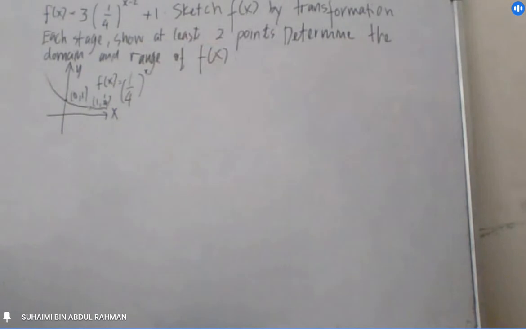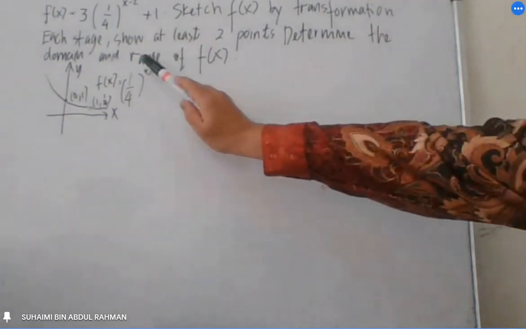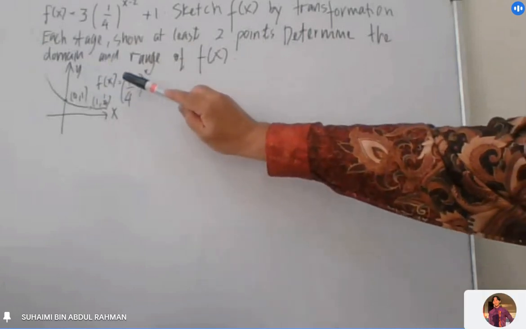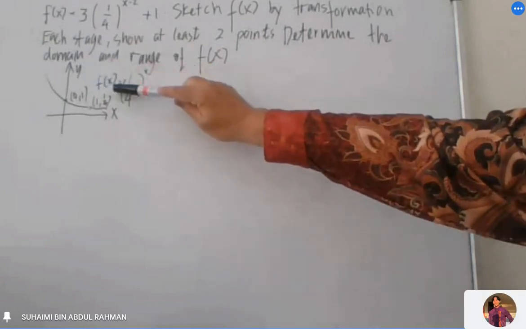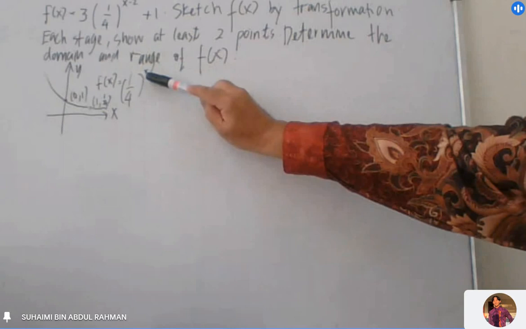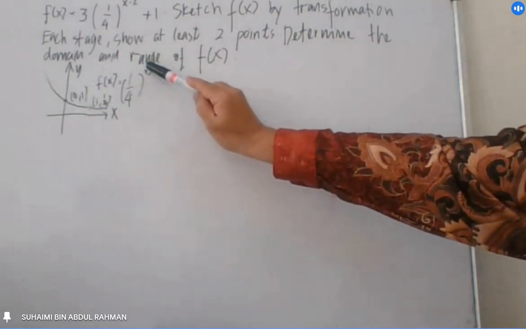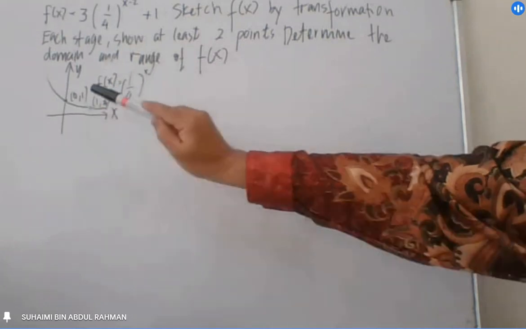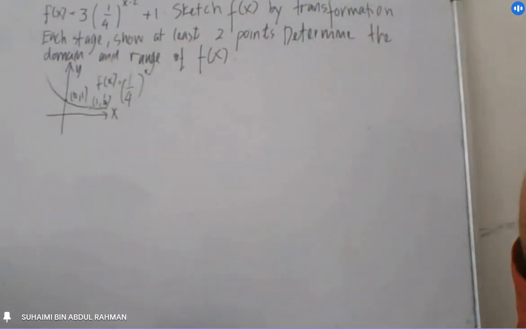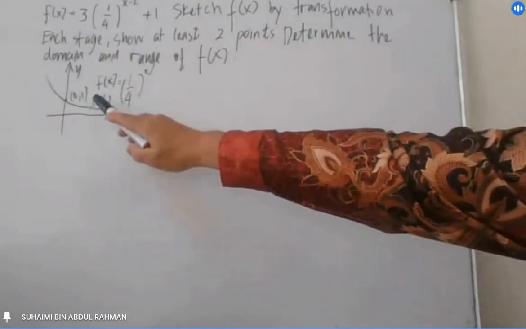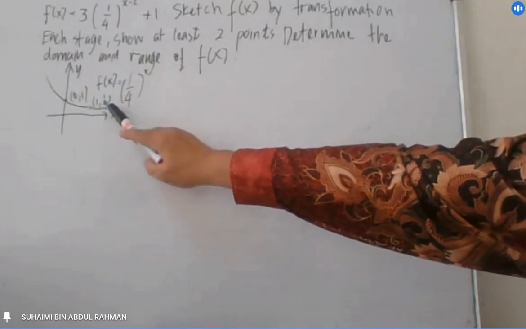How do we obtain 1/4? Because we substitute here, in the graph of this f(x). When we say that x is 1, what is the value of y? You substitute 1 here, which is 1/4. So another point is 1 for x and 1/4 for y.